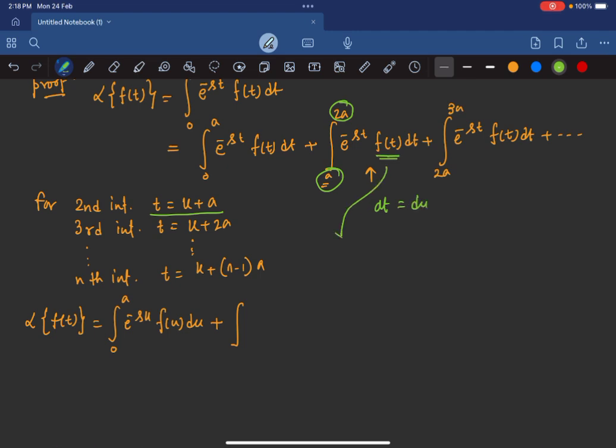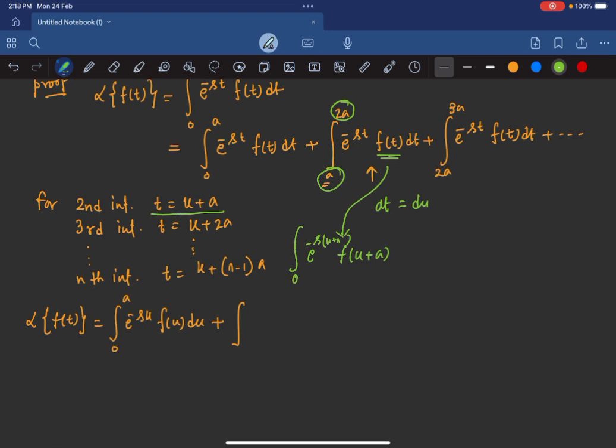So f of t will be replaced by f of u plus a, which is the same as f of u. Here e power minus s times u plus a, and the limit will be: for t equal to a, u will be 0, and for t equal to 2a, u will be a. That means this will be the integrand form. Okay, so you have this one.